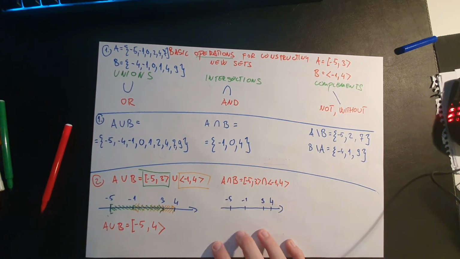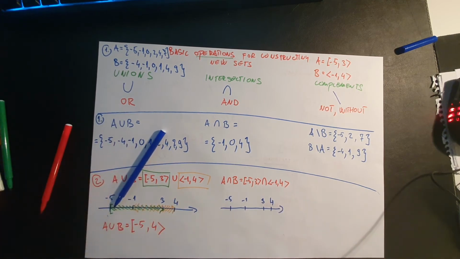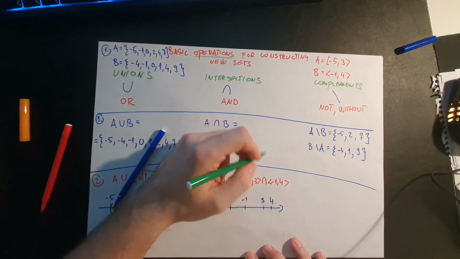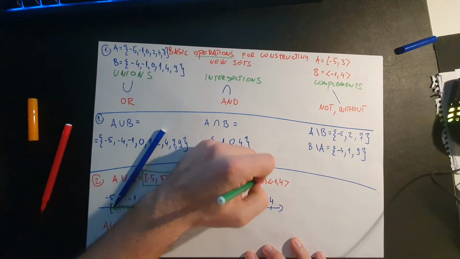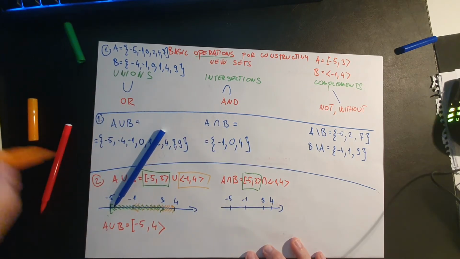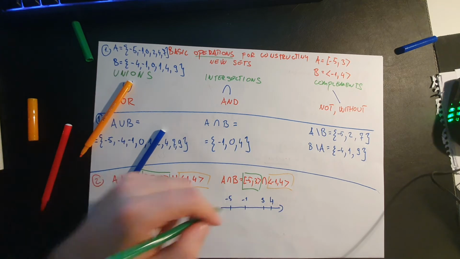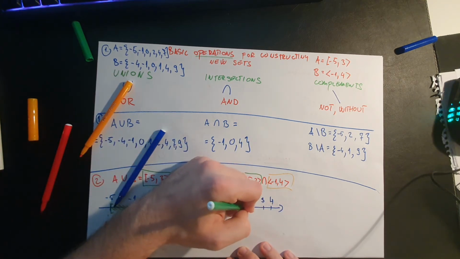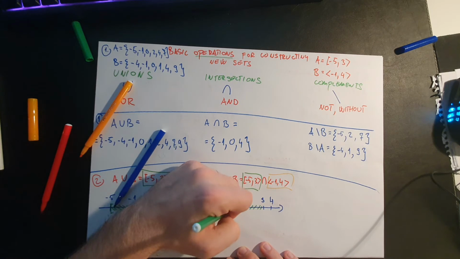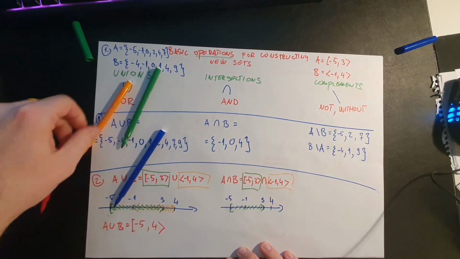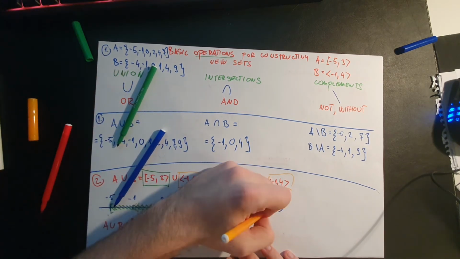In this case, you can also try it for yourself to make a sketch. I'm going to keep the colors like in the last one. And in this case, we can write down, this is the A interval, and this is going to be the B interval.